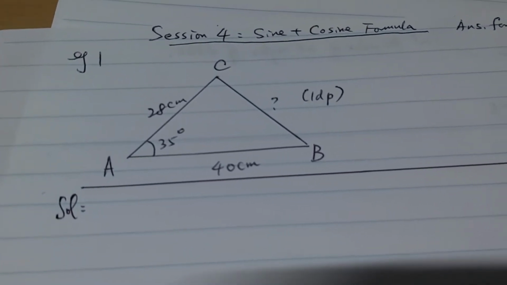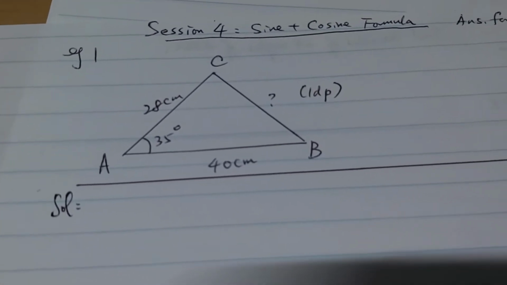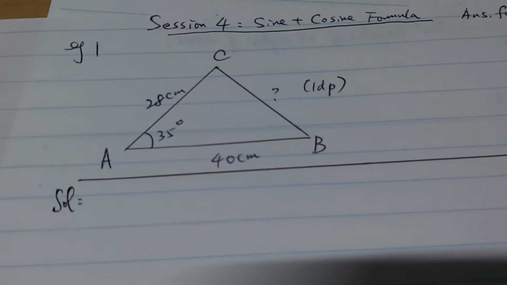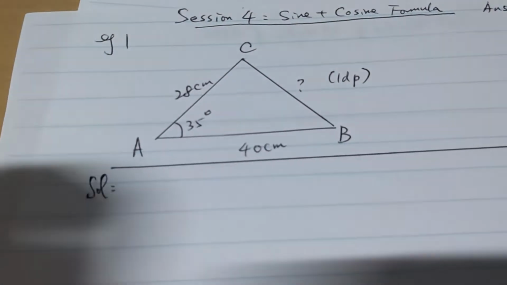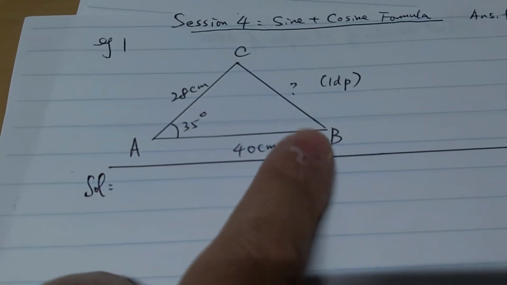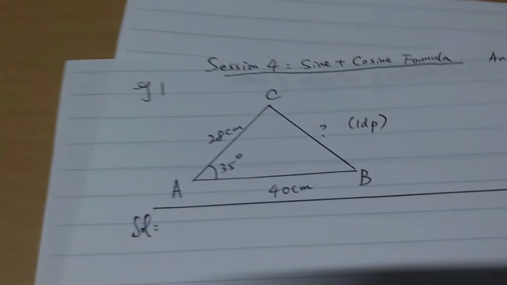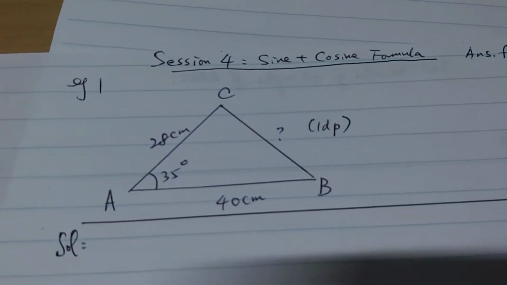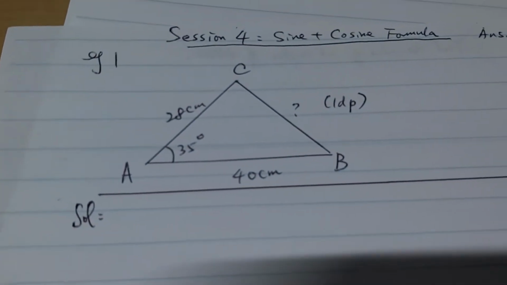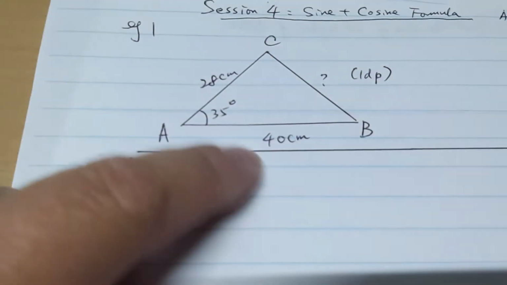So question 1, we see triangle ABC. You are given two adjacent sides and the included angle. You are asked to find the opposite side BC and correct your answer to 1 decimal place. So in this case, you can see we have side, angle, side.